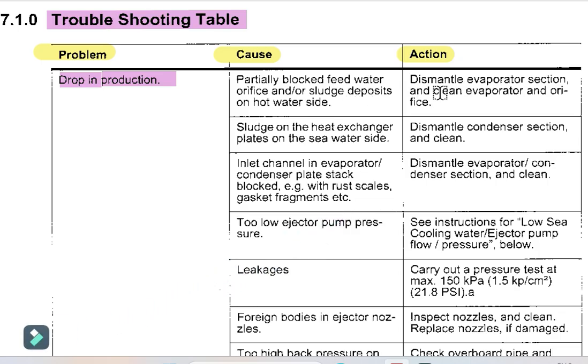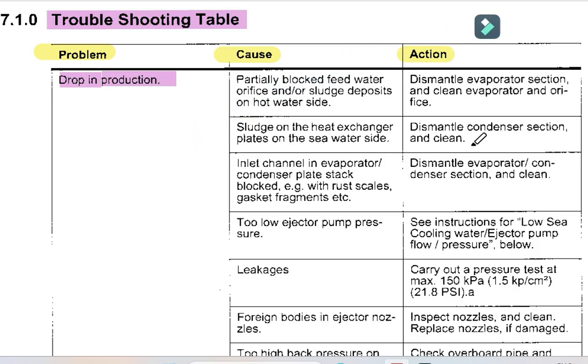The evaporator section has to be dismantled and clean the evaporator and orifices. And after that, you can restart the system. Sludge on the heat exchanger plates on the seawater side. So that means we have to check the condenser. So dismantle the condenser and clean it.